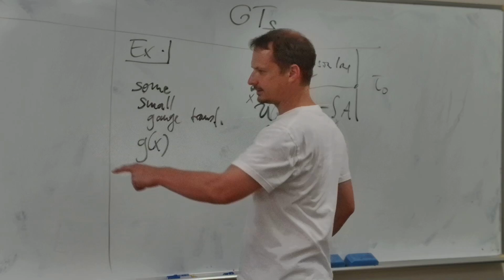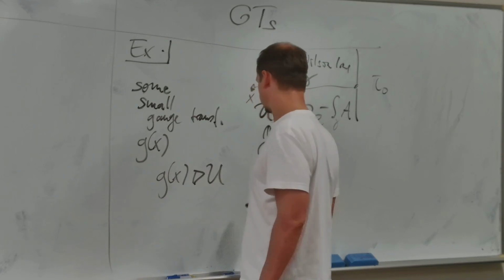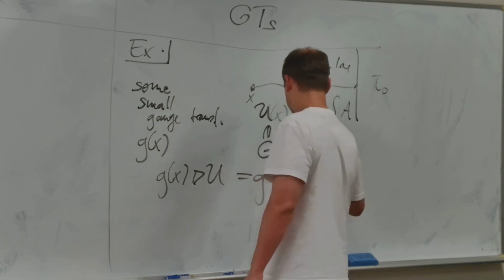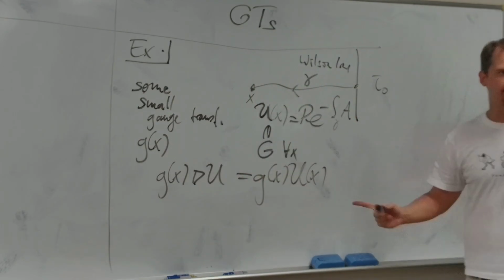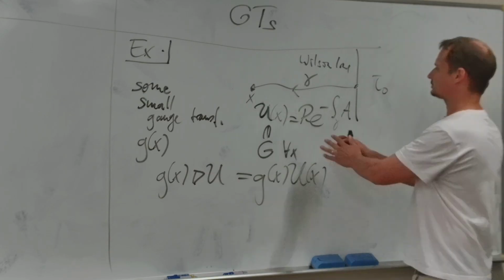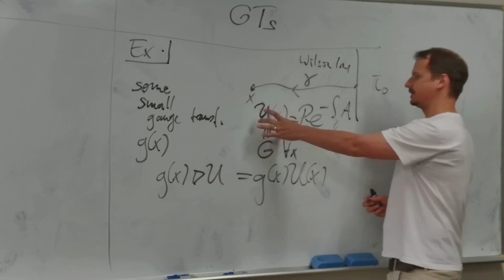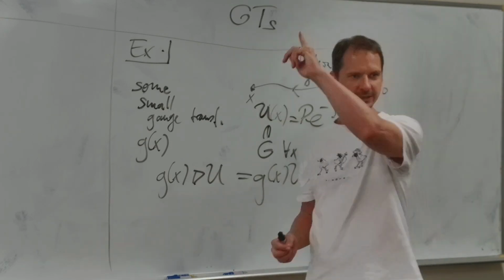Then it will indeed be that g of x acting on this u here is exactly g of x u. I mean, under gauge transformations, Wilson lines transform by G Wilson line G inverse, right?